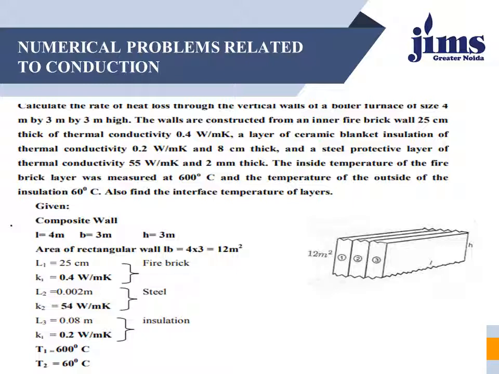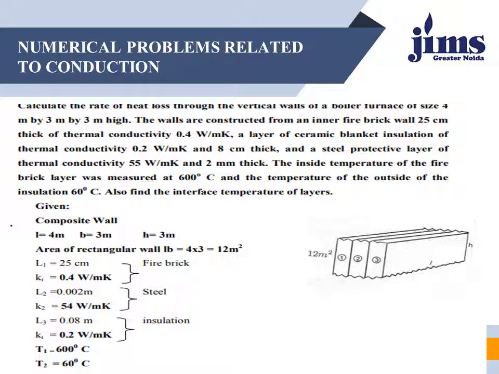The given data: length L is equal to 4 meter, B is equal to 3 meter, and H is equal to 3 meter. Therefore the area of the rectangular wall is 4 multiplied by 3, equal to 12 meter square.